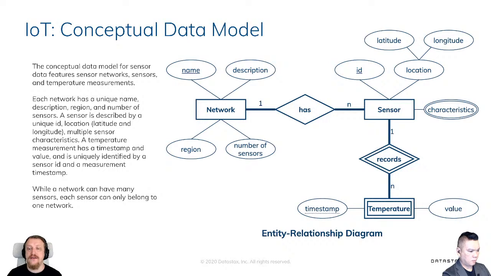Every sensor makes records, and every record belongs to one and only one sensor, while every sensor may have a lot of records, so it's again one to many. Every record consists of a timestamp and a value. The value is a float, the particular temperature registered, and the timestamp is obviously the time when it happened.